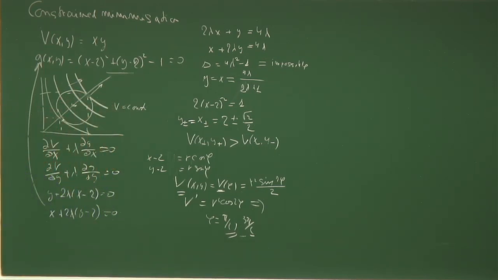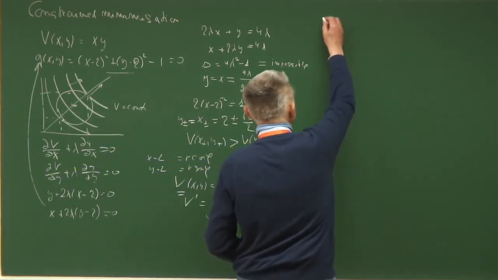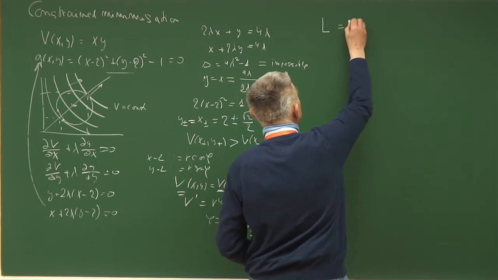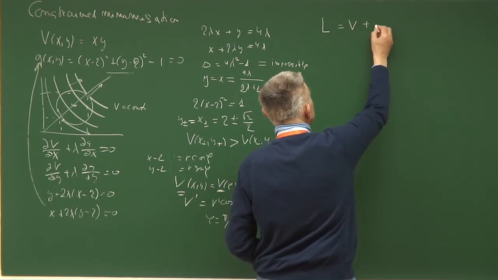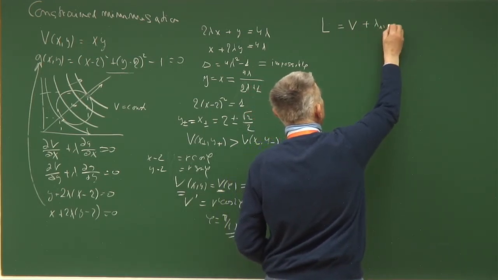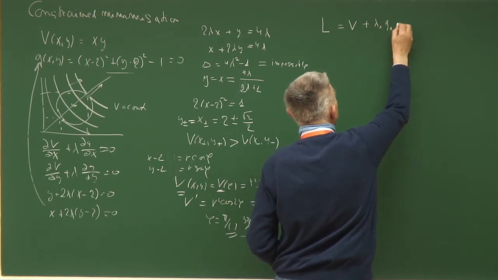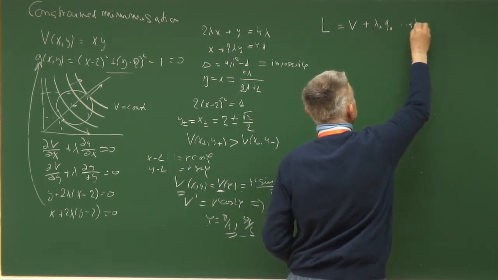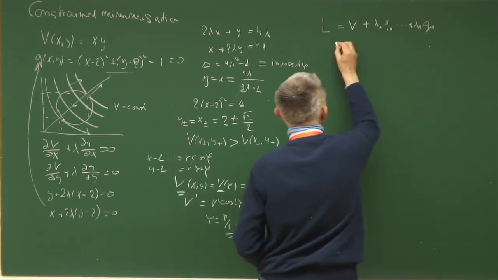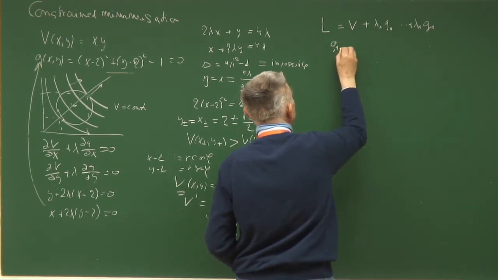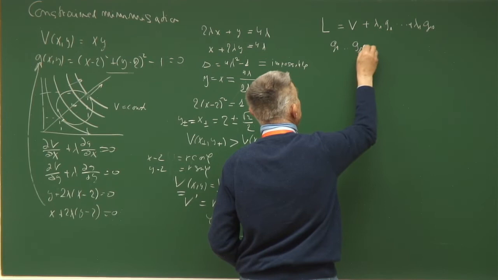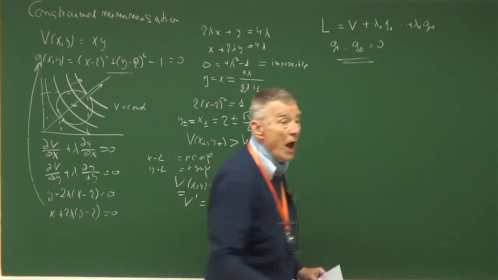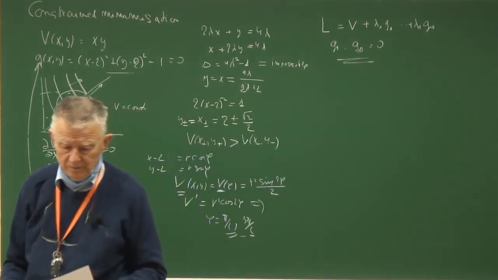So, now the general recipe is to write down the so-called function of Lagrange. This is V plus lambda 1 G1 plus and so on up to lambda S GS, where G1 to GS equals to 0 describe the constraints.